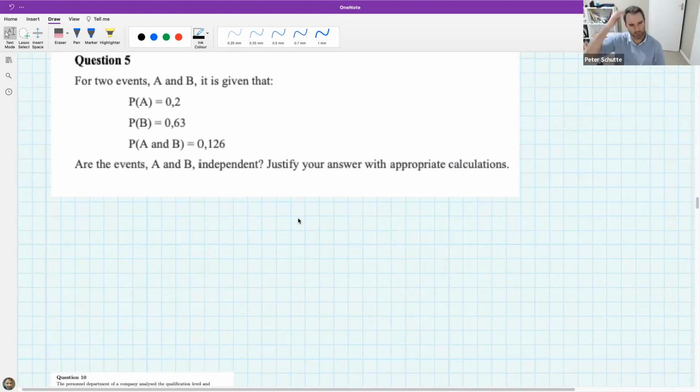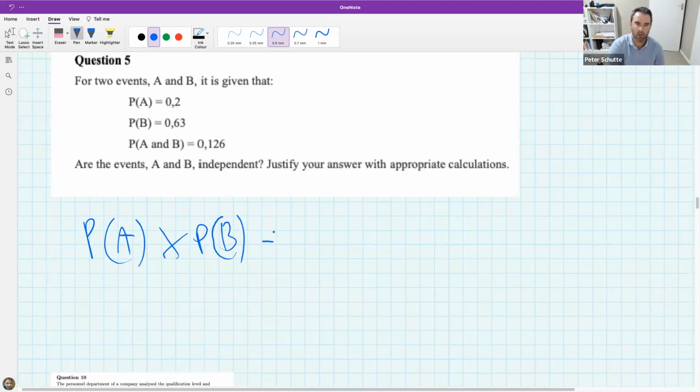This is actually not too difficult, but let's just see if you can do it. So I want to know, which gives me 0.